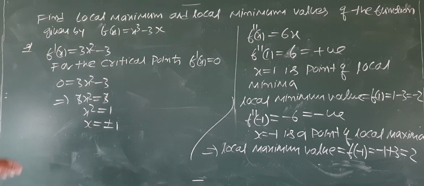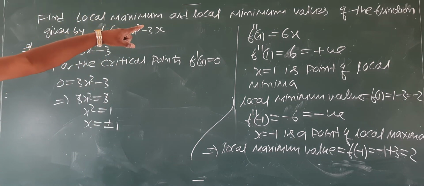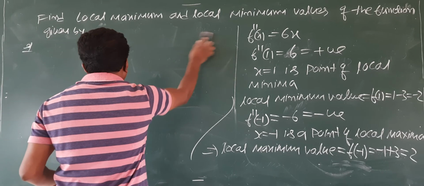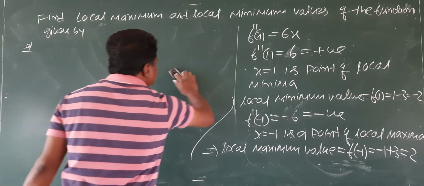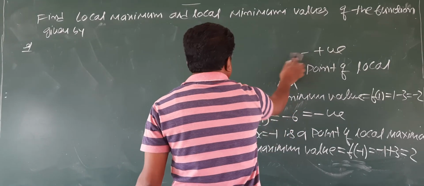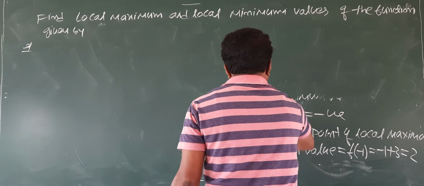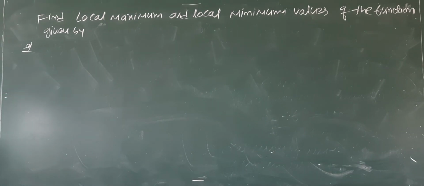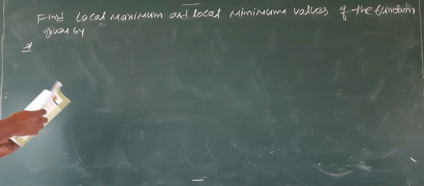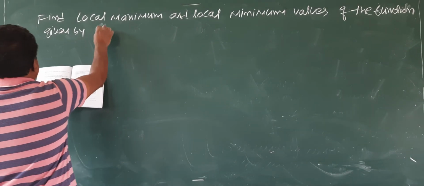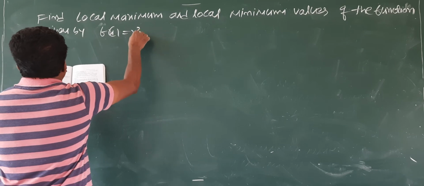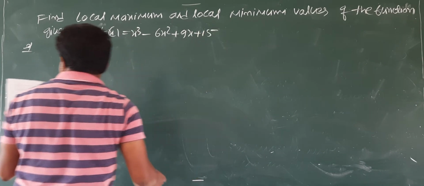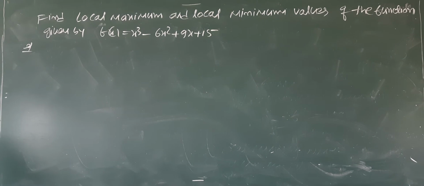Find local maximum and local minimum values of the function given by f(x) equals x cube minus 6x square plus 9x plus 15.